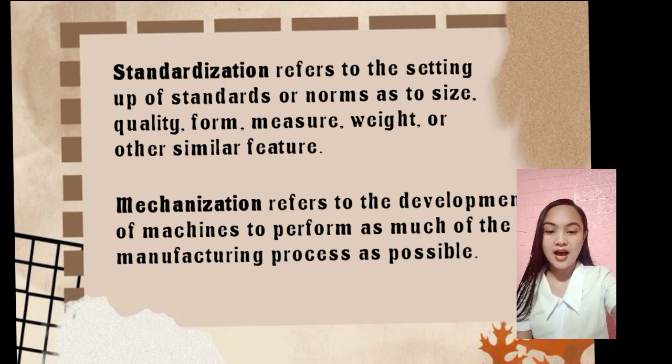And lastly, mechanization. Mechanization refers to the development of machines to perform as much of the manufacturing process as possible. And manual skills of workers are supplanted by machine skills.